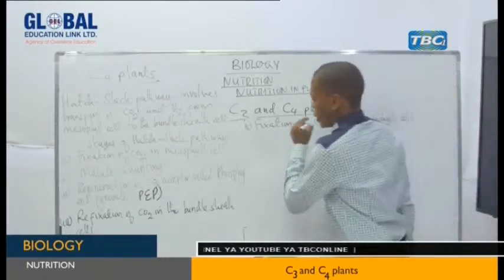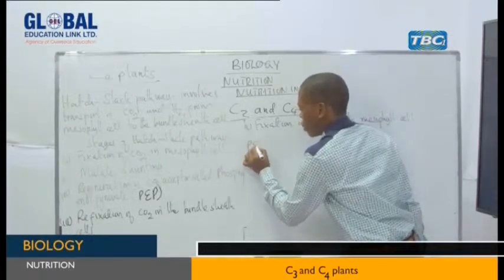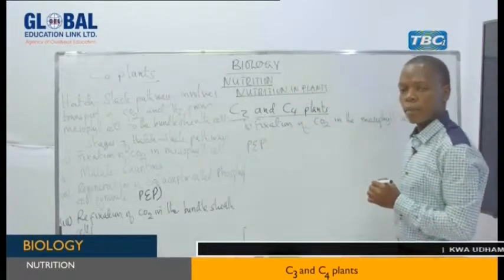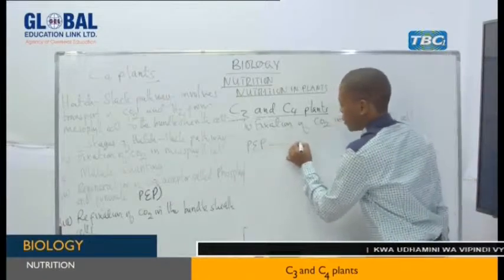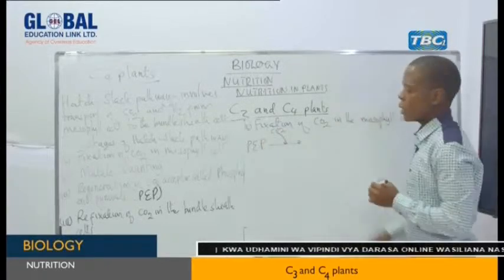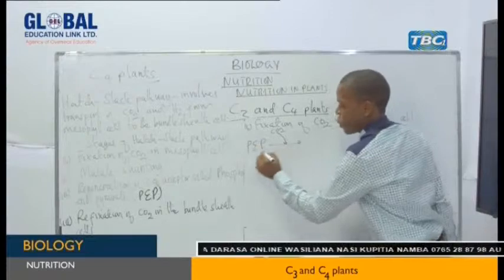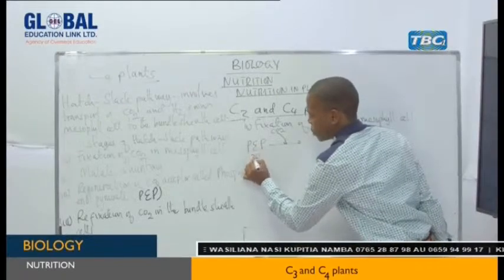Here, the process occurs in the mesophyll cell. Therefore, PEP, the carbon dioxide acceptor in the mesophyll cell, accepts carbon dioxide. Remember that this PEP is a 3-carbon compound.